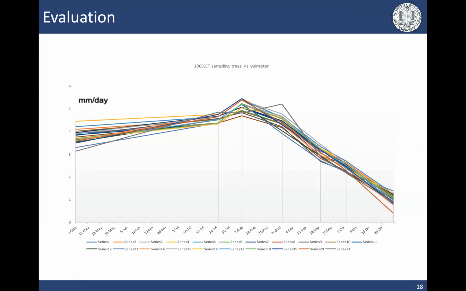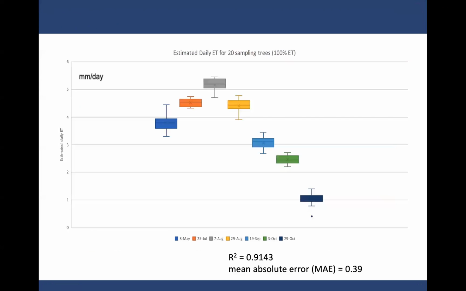And the trends of the daily ET for the 20 sampling trees and the lysimeter tree are shown in this figure. For the series, each series means an individual tree in the field. You can see the 20 sampling trees have the same trend with the lysimeter trees.